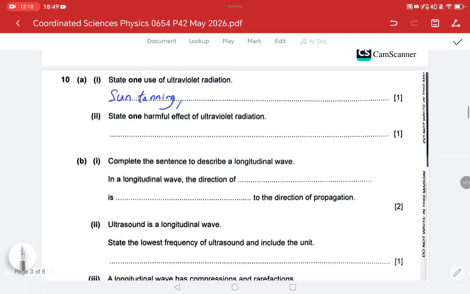If you want to write disinfecting water or surfaces, like sterilization, that's also okay. Anyone of them is 1 point, so you need only one.